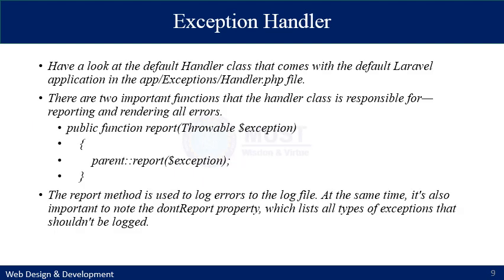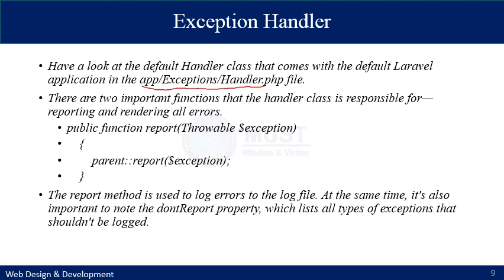The other way, when you have all the information in the log or debugging files, is to use the exception handler. The exception handler is provided by default by the Laravel application and is stored at the app/Exceptions/Handler.php file.